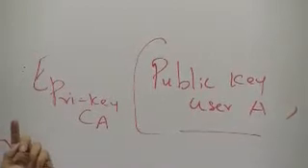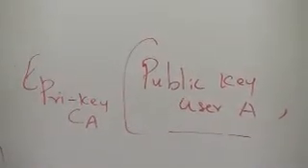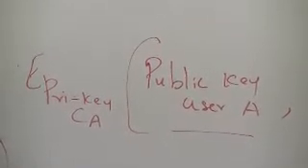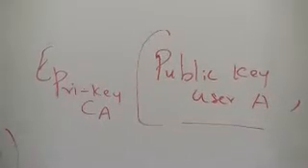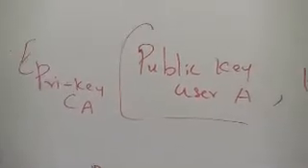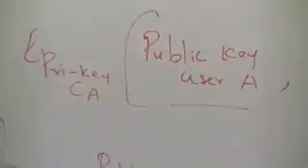Yeah, I got one more question. Since all you need is the public key of the authority, anybody can decrypt the message? Yes, anybody can decrypt. You're right. But can they forge or fake? Let's discuss that.